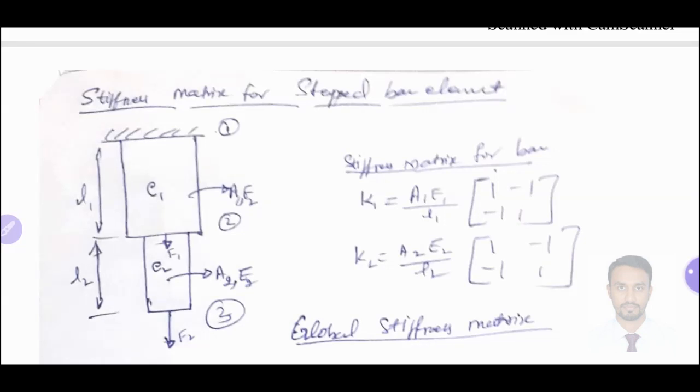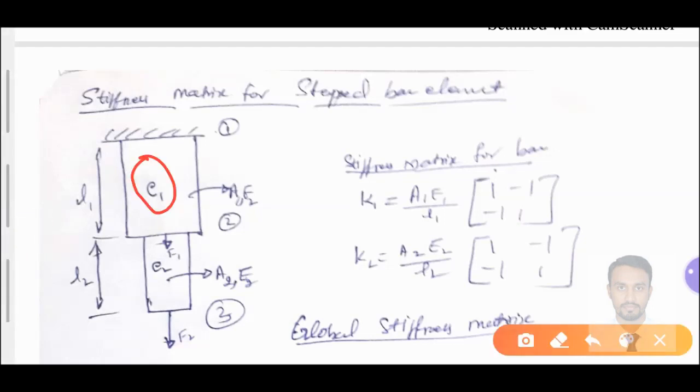We'll consider a two-stepped bar element. Element number 1 has area of cross section A1, Young's modulus E1, and length L1 for the first step. For the second step, element number 2 has area of cross section A2, Young's modulus E2, and length L2.